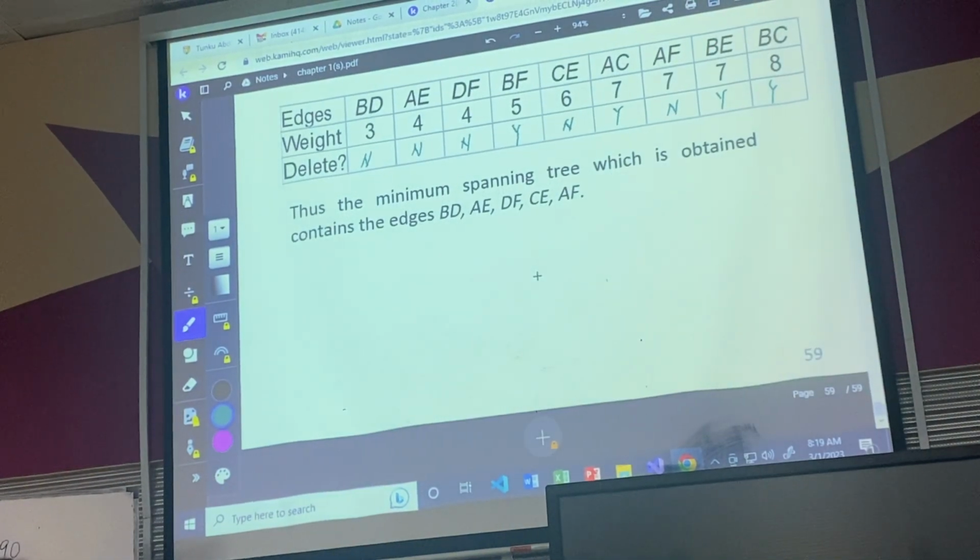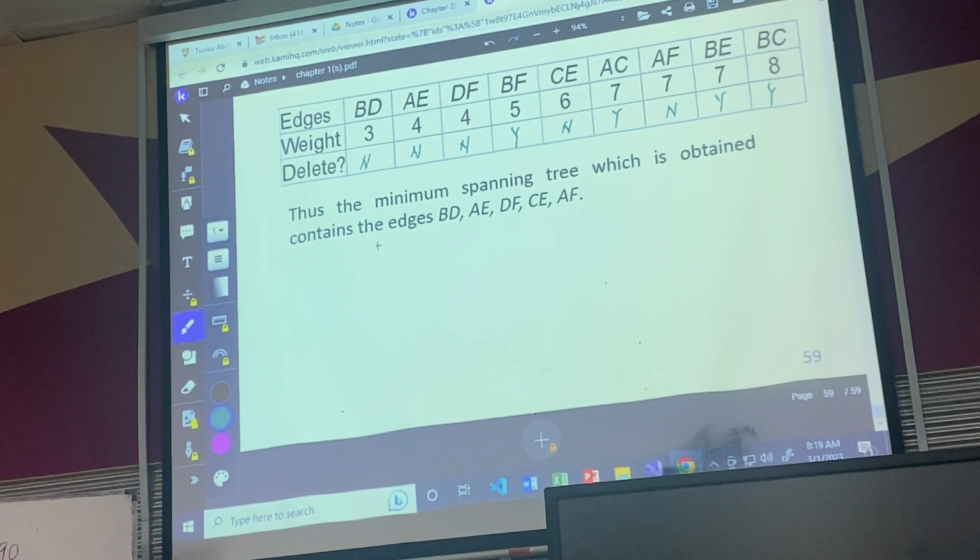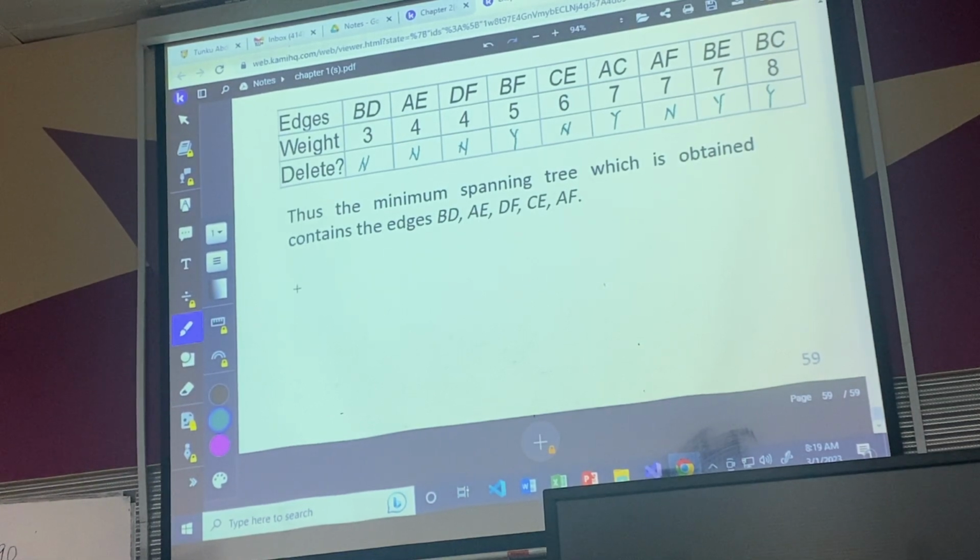No more example already. Now I give you a graph like this, for example.